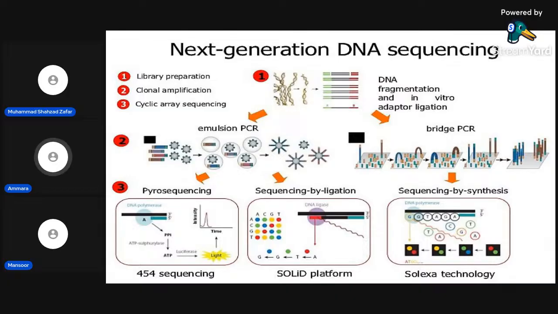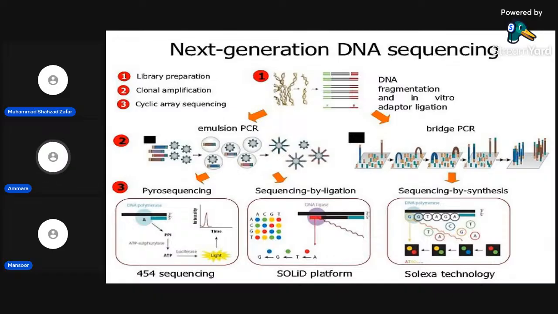So if we talk about pyrosequencing, you all know very well DNA is a double helical structure. We have fragmented our DNA. We have sheared our DNA. After shearing, we have single fragments.